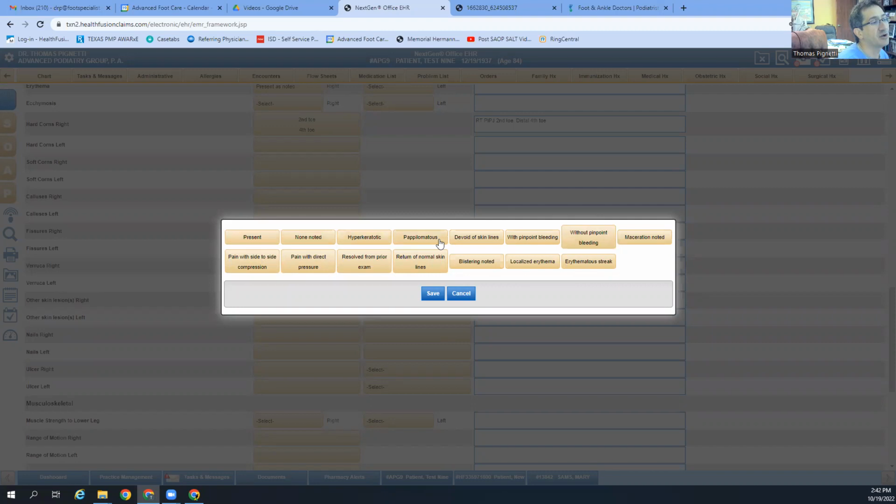They're present or not noted, because this is used in follow-ups, not just new patients, as patients are improving or worsening, and we will update this exam for each encounter. Hyperkeratotic, that's callus. Papillomatous is like little finger-like projections, devoid of skin lines. Picture skin lines or fingerprint lines that diverge around, like a knot in a plank of wood, where the grain goes around it. That's what divergence of skin lines means, and that's common with warts.